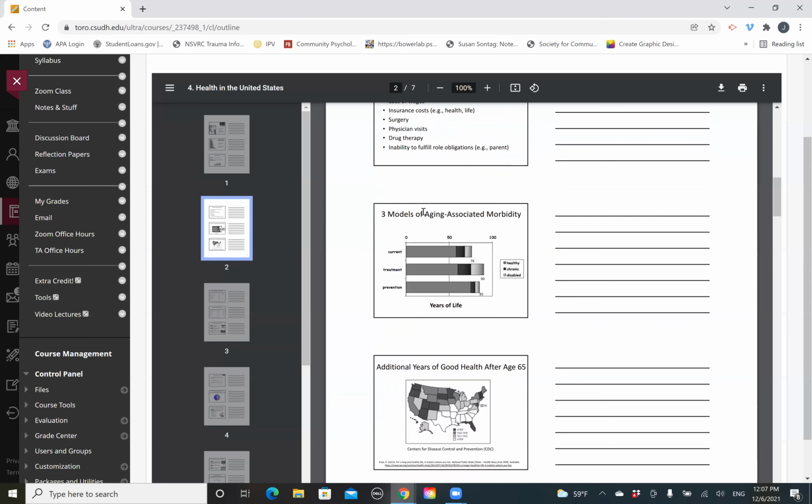And so, three models of aging associated morbidity. Okay, so if you look at these, let's say we were talking about moving to treatment, right? So this is current. You spend 60 years of your life healthy, right? 10 years of your life in chronic pain, and then 6 years of your life disabled.